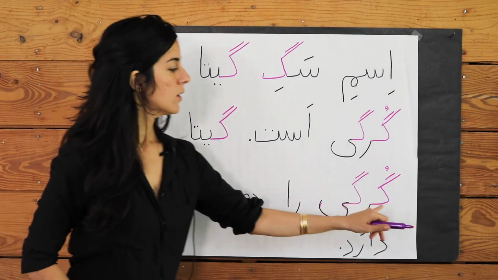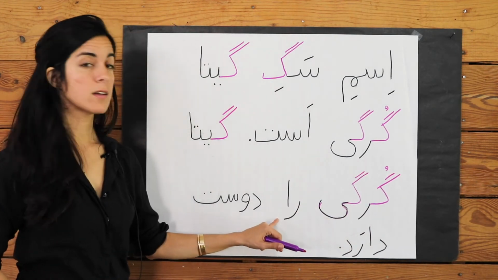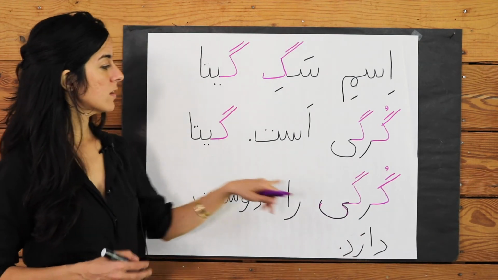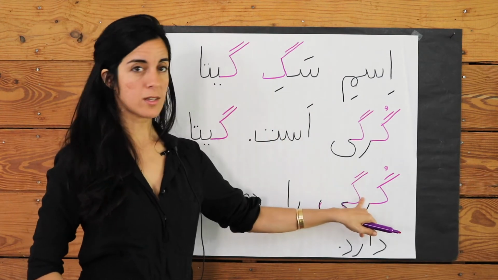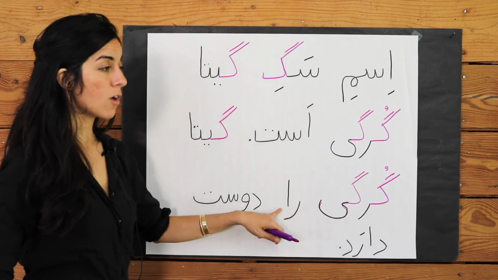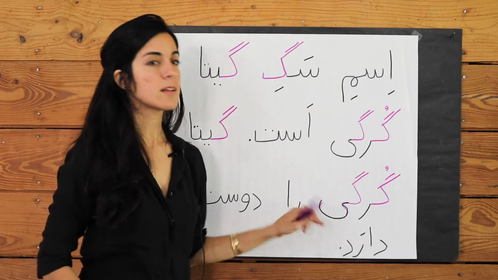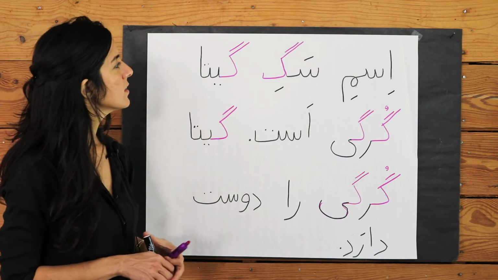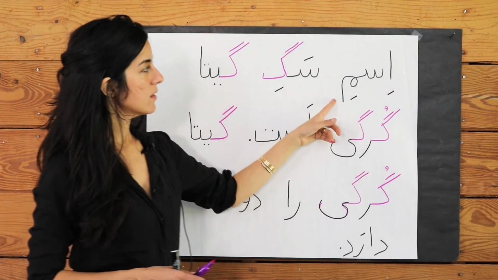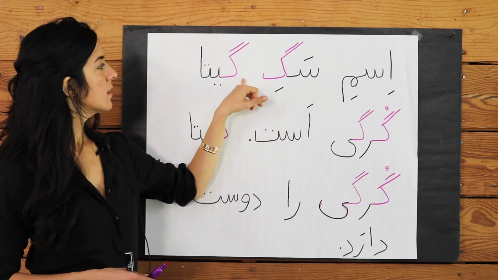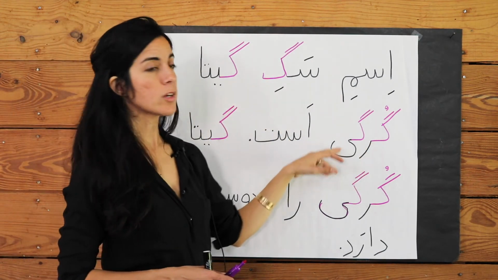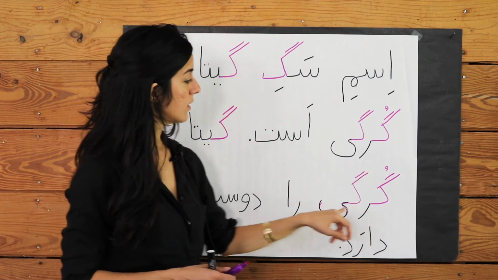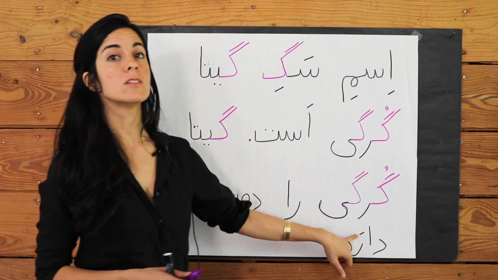Gita, gorgi, ra, dust, darad. So Gita, the name of the girl, gorgi, the dog, ra, dust, darad, likes him. So Gita likes Gorgi, or loves Gorgi. So again, isme sage Gita Gorgi est. Gita Gorgi ra dust darad.